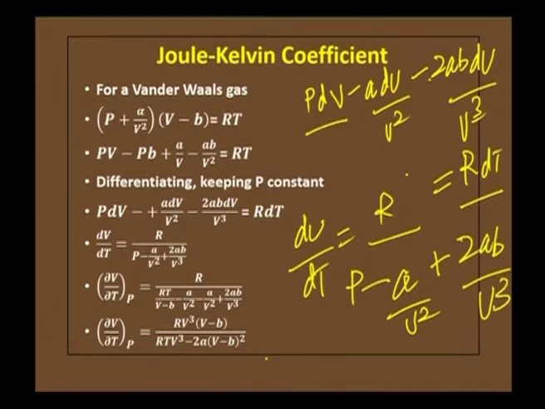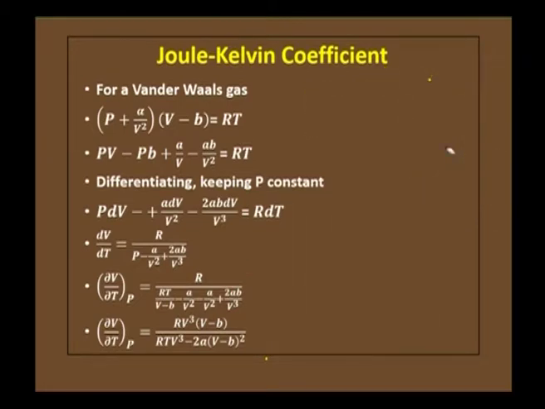So, this is the value of dV by dT after simplifying. That is, dou V by dou T at constant pressure is equal to R divided by p, and in place of p, I can write RT by V minus b, minus a by V squared, or we can simplify it further.